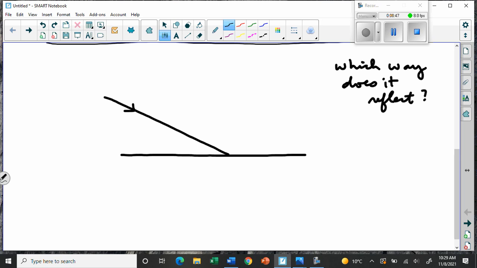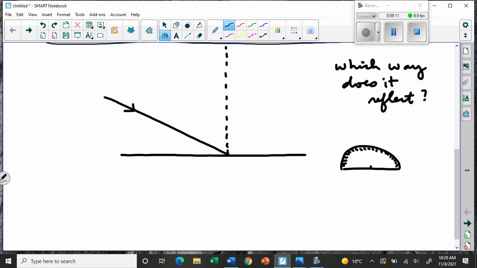Okay, well, what I would have to do is I would have to draw my normal line straight up and down. Now, the way you can do that on a piece of paper and get it perfect is by using a protractor, right? You all know what a protractor is. It's that little half circle thing in your pencil case, and it's got all the little marks all around here, 90 degrees, and you use it in math to measure your angles, right?